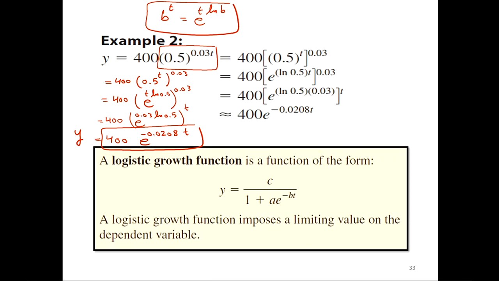The last subject is the logistic growth function. This is a function between two values.